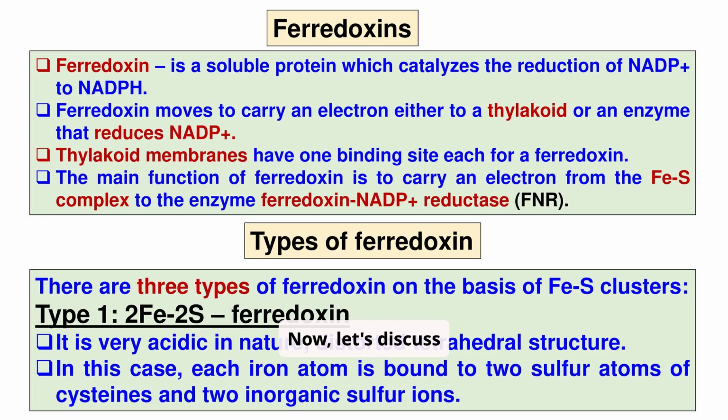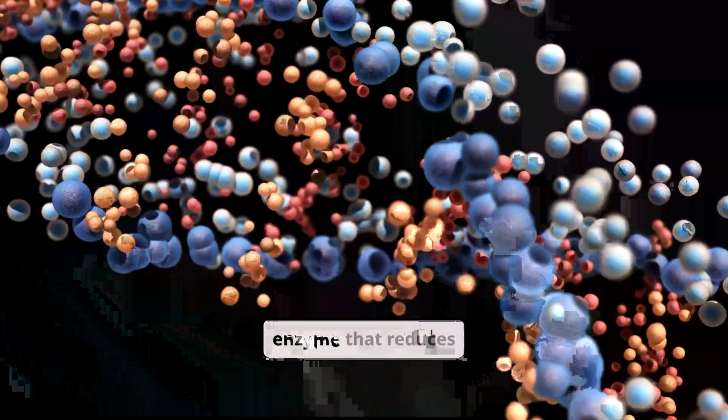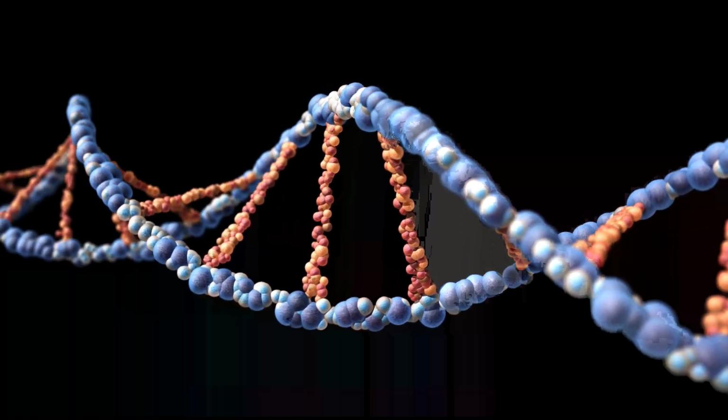Now let's discuss ferredoxins, soluble proteins that catalyze the reduction of NADP+ to NADPH. Ferredoxin moves to carry an electron either to a thylakoid or an enzyme that reduces NADP+.